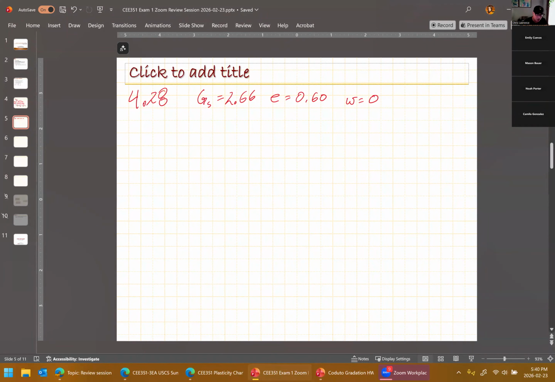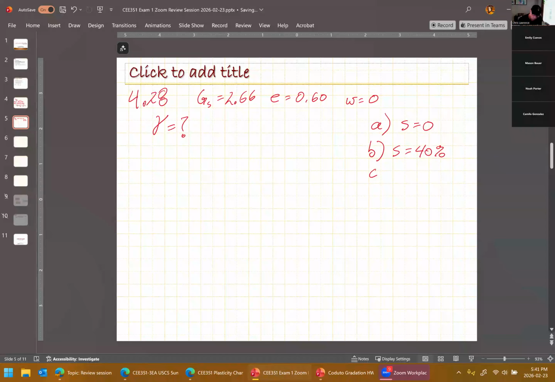Compute the unit weight. Either set of units, I could call it gamma. What is the unit weight or weight density at different levels of saturation? A, in its original state, S equals 0. B, how about when it is 40% saturated?